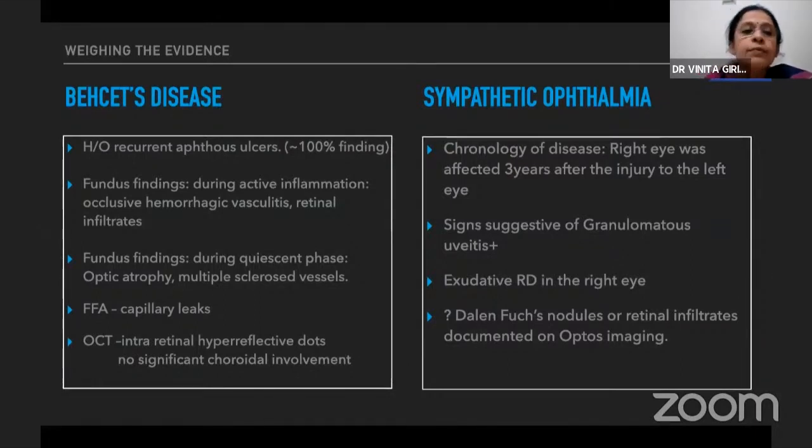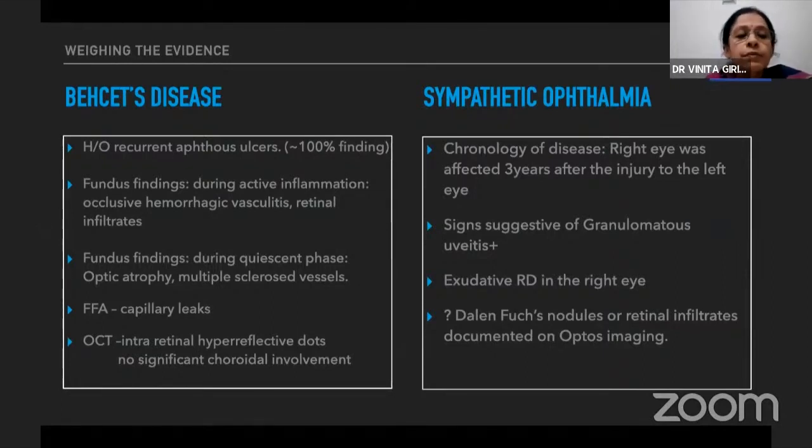But on the other hand, during the active inflammation stage, the patient did have occlusive hemorrhagic vasculitis, and the yellowish lesions were more likely retinal infiltrates. Towards the later part of the disease, the patient developed optic atrophy, and multiple sclerosed vessels were seen. So this was favoring more of Behçet's disease.